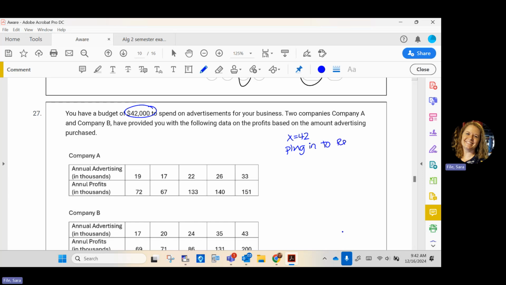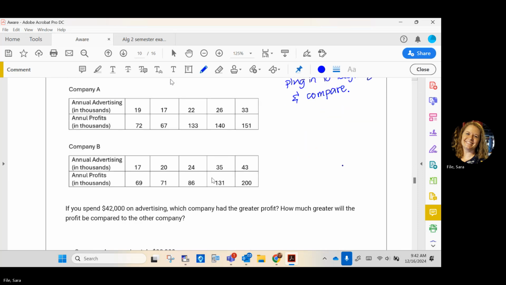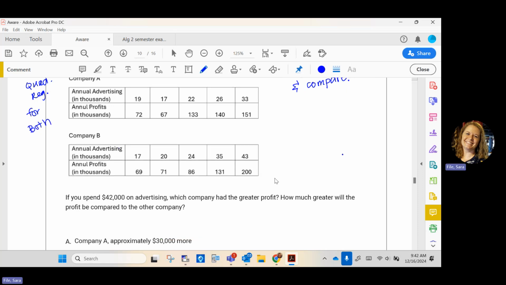We're going to plug that into the regression equations and compare. That was what you should do. So we did quadratic regression for both to get equations, and then we plugged in that 42 to compare.